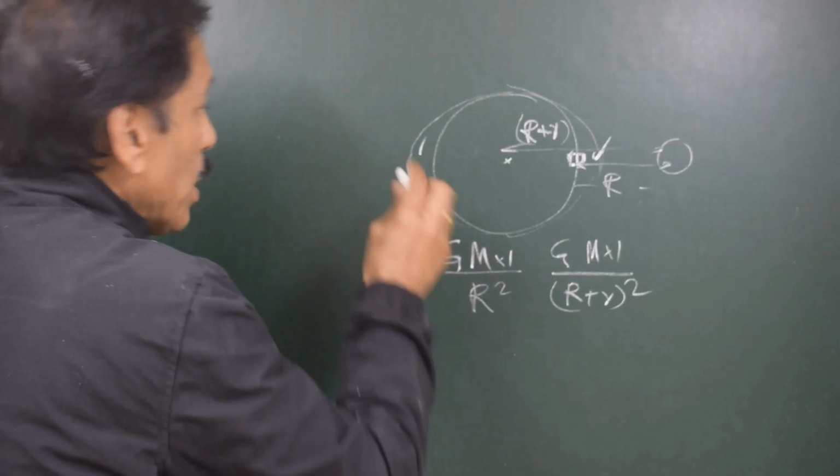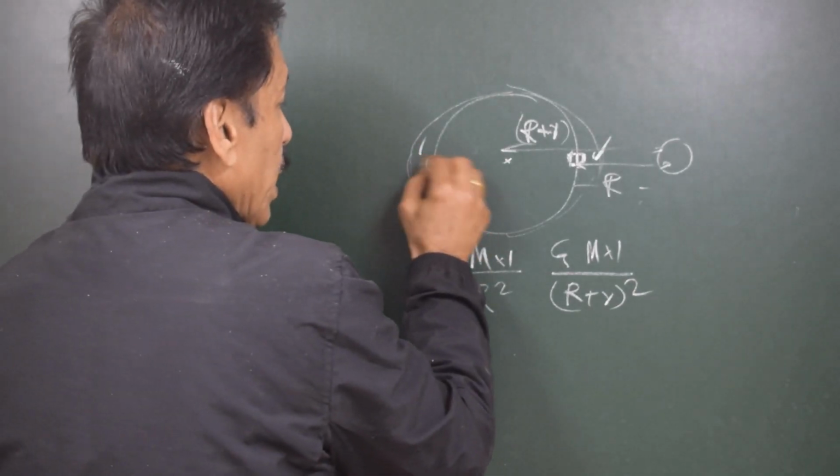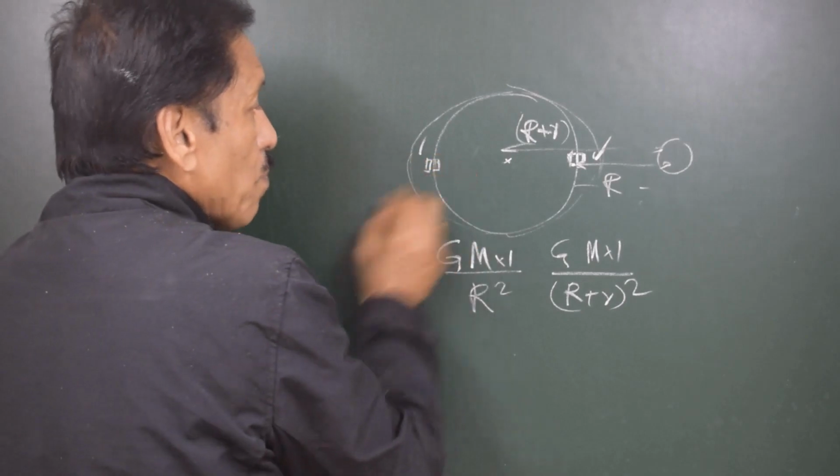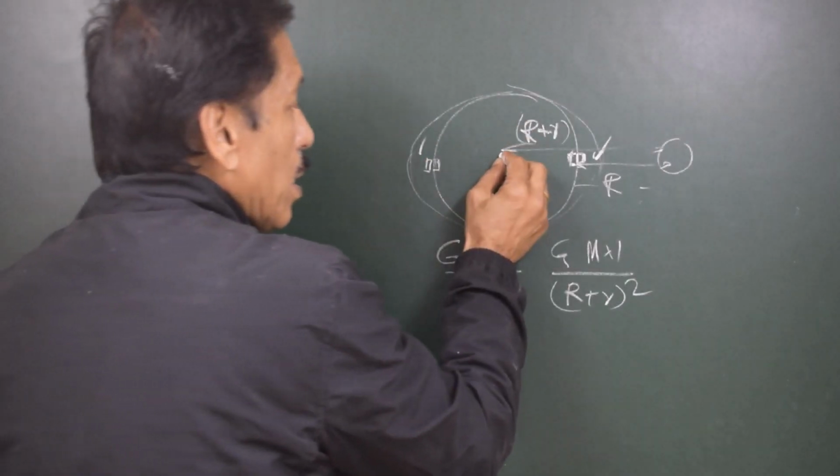Now, if we consider 1 gram of water here and 1 gram of solid earth, the position of the 1 gram of solid earth should be considered over here.